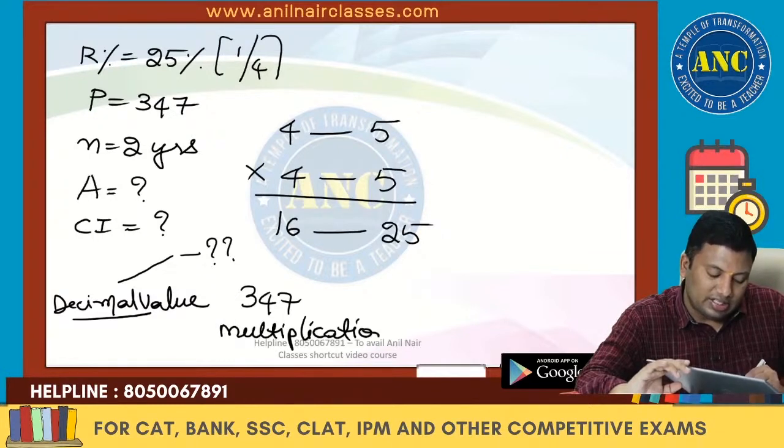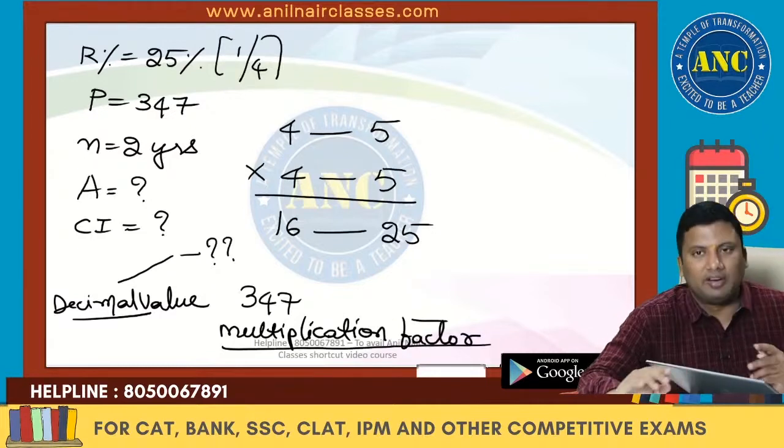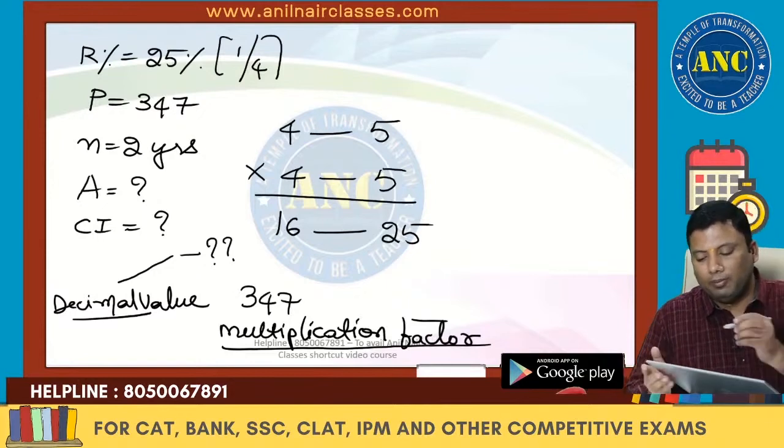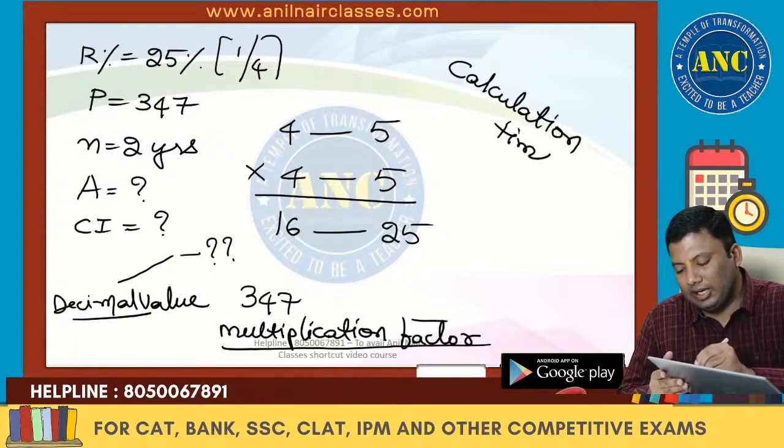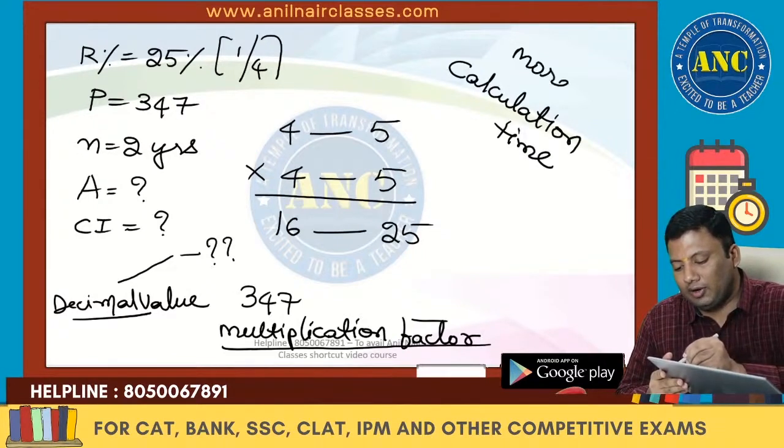Anything which is in decimal value, the calculation time will be more. I hope you are all there with me. So this will take a little bit more calculation time.